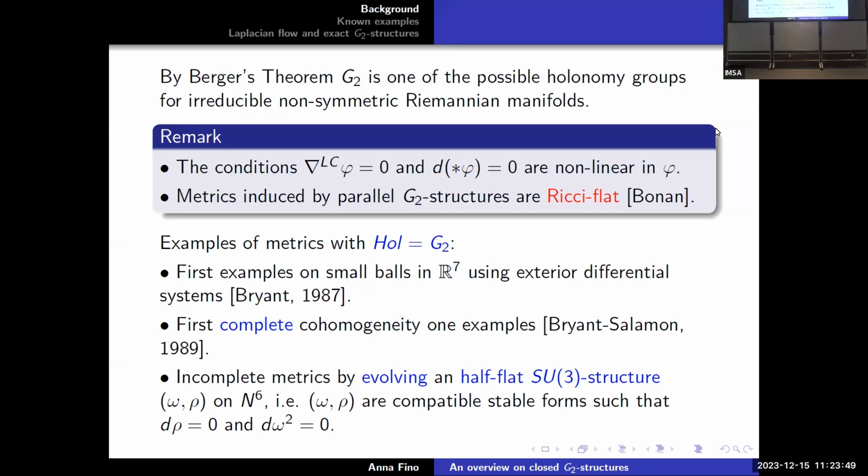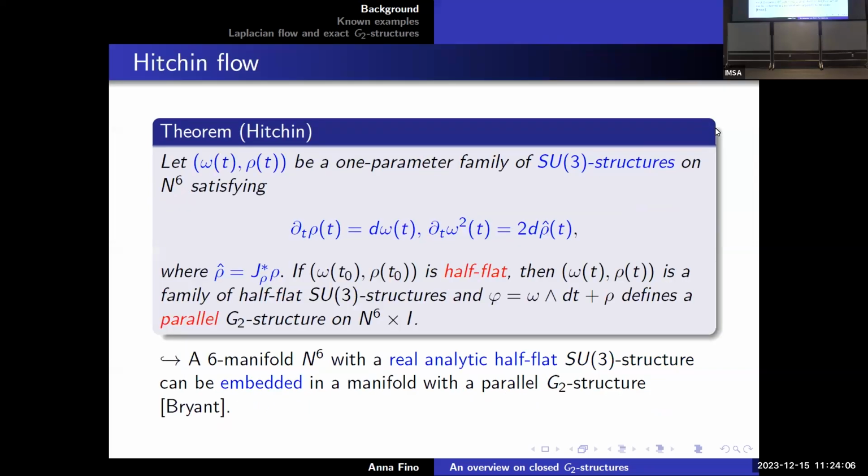And then you have these two conditions: rho, the 3-form, is closed, and the wedge of omega with omega is also closed. That in the literature is called half-flat, because you have a condition where half of the intrinsic torsion vanishes, essentially. This is a nice tool that we use in many cases.